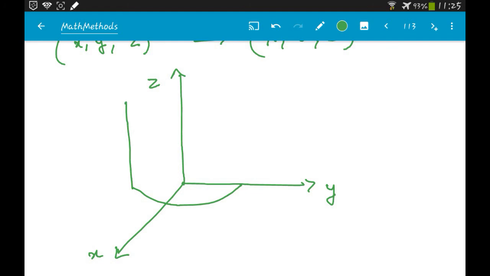Alright, so this is my cylinder. Okay, so we have an r here, and this is our r and this is our theta. So r is the length of the vector, the norm of r will be the length of the vector, and r makes an angle theta with respect to the x-axis.